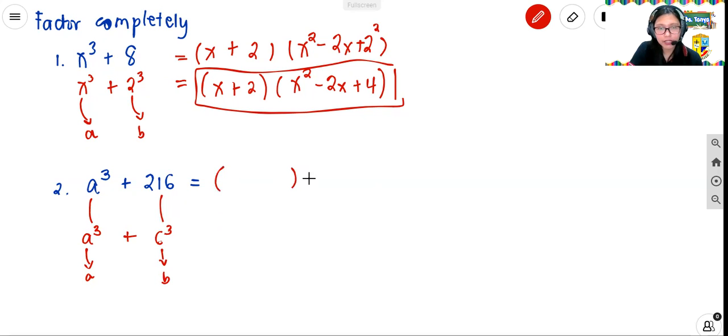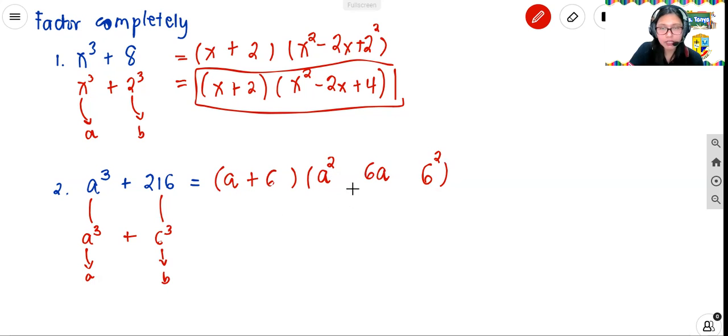So we will now put that in the factor pattern. We have a and b, and it's plus, so I'll put plus here in the middle. So a is a, and for b, it's 6. And then the square of a, the square of b, which is 6 squared, and then the product of a and 6, which is 6a.